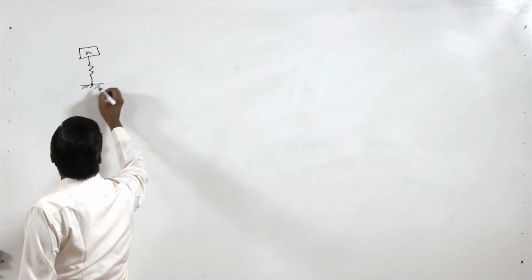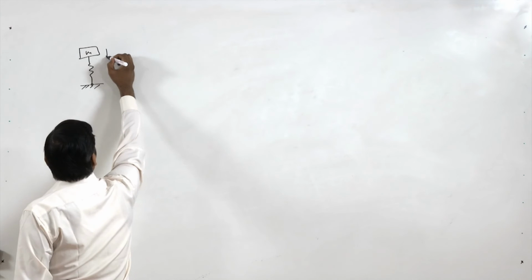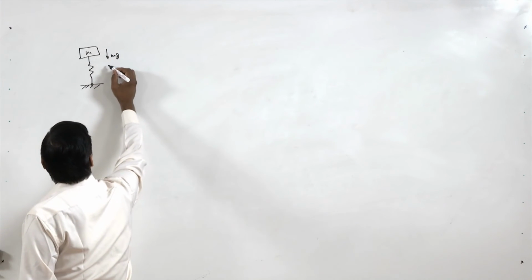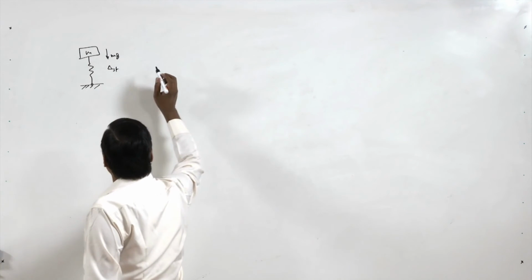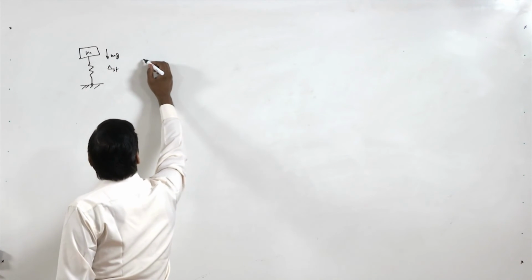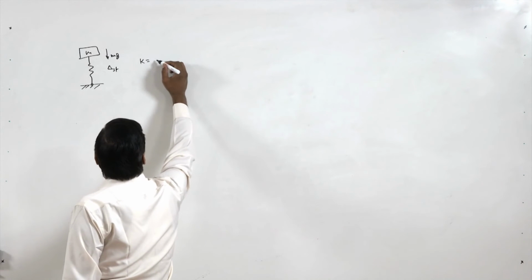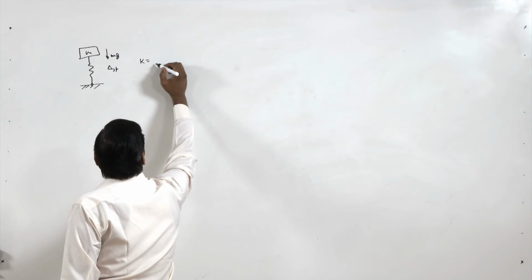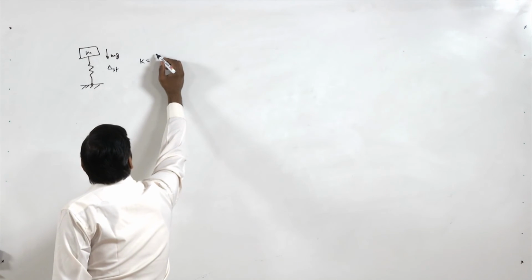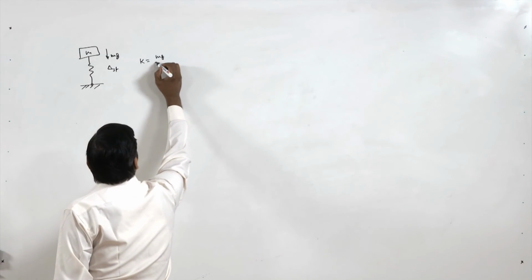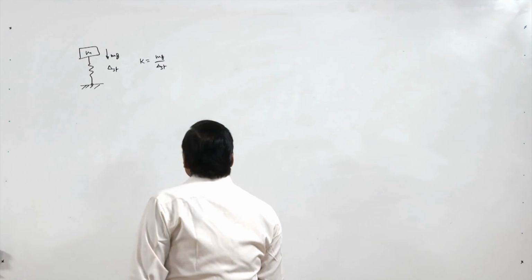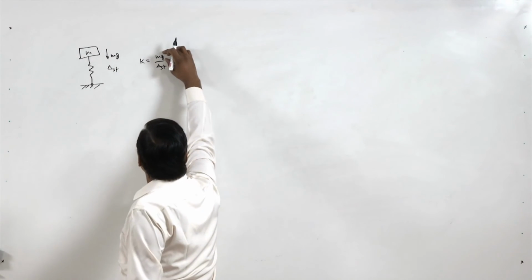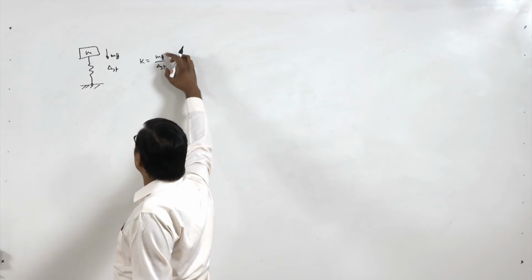It is said that due to its own mass, that is mg, there is some compression of delta st. So you know that stiffness k equals mg by delta st, because this is the force, the weight, and this is the deflection due to its weight.